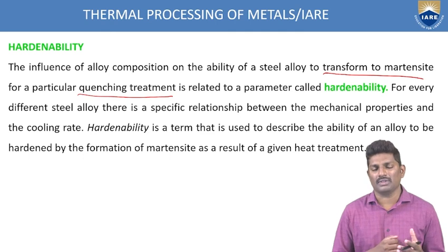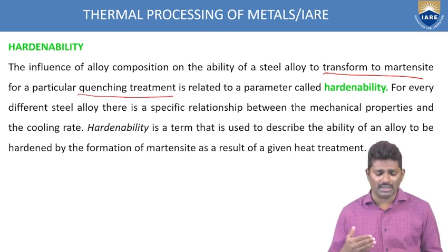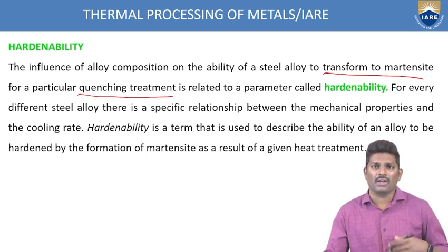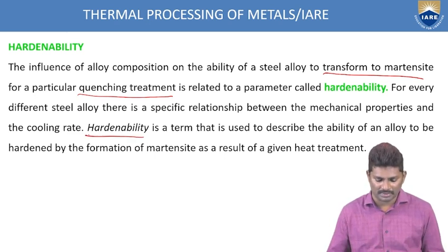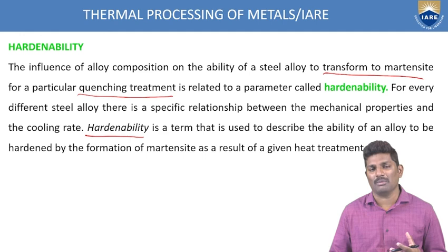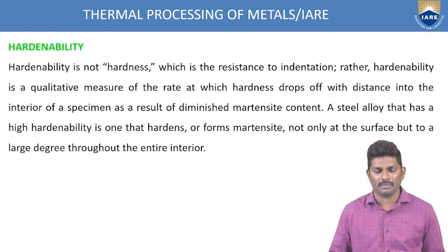Sudden cooling we should not do; a slow process of cooling you have to do when doing the manufacturing process. The ability of an alloy to become hard is called the hardenability. This can be achieved with the help of the heat treatment process.